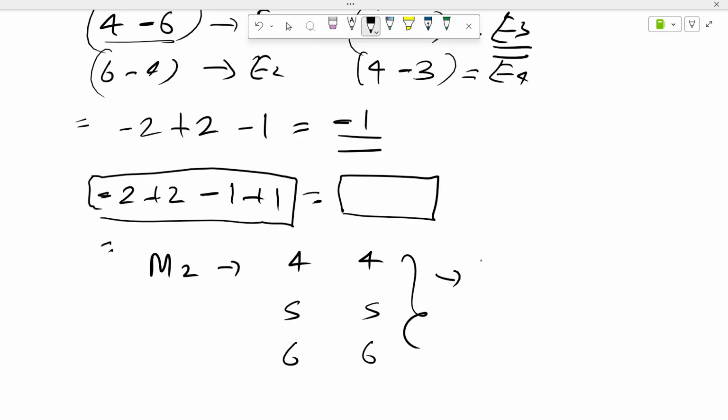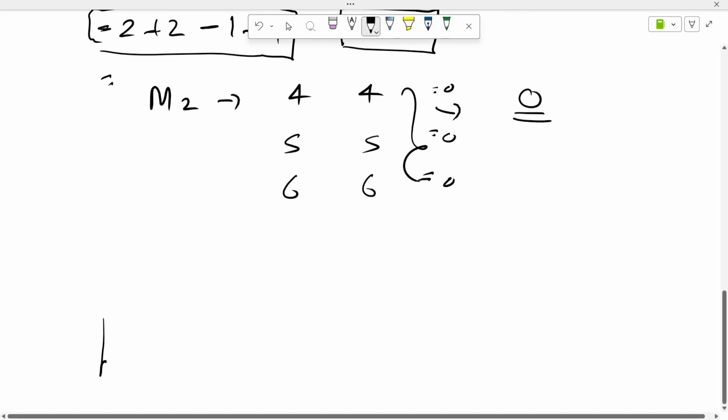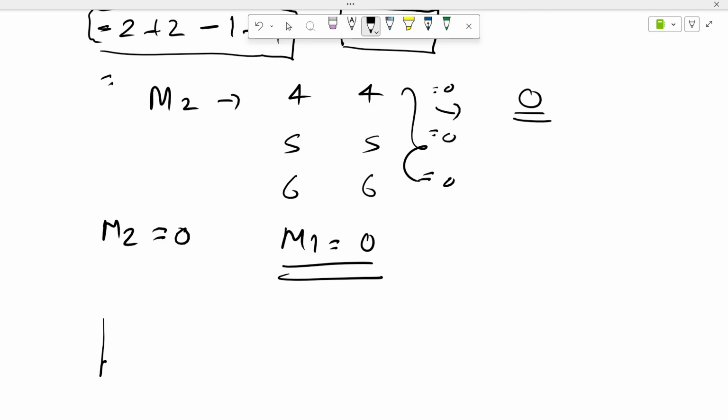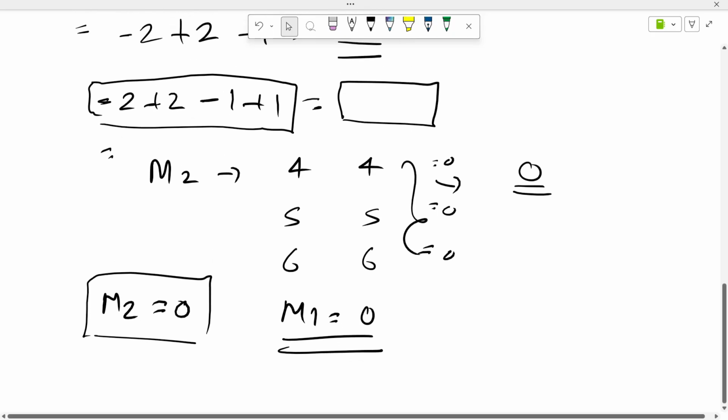Now the error will be 0 here, 0 here, 0 here, and the overall error is also 0. So M2 says total error is 0, and M1 also says total error equals 0. So how will you figure out which model is good? You know that the M2 model is good, but mathematically you are not able to see it because the positive and negative values are cancelling each other.